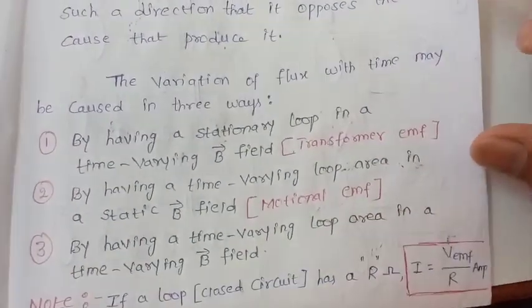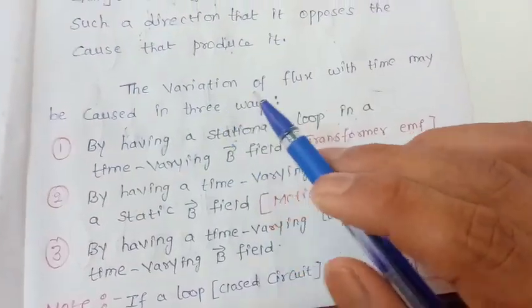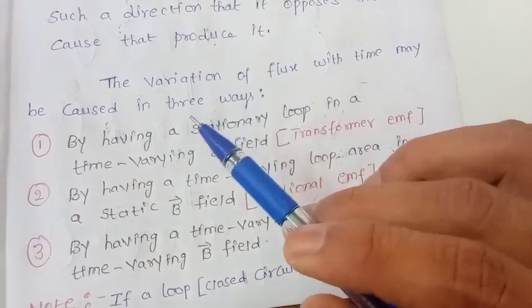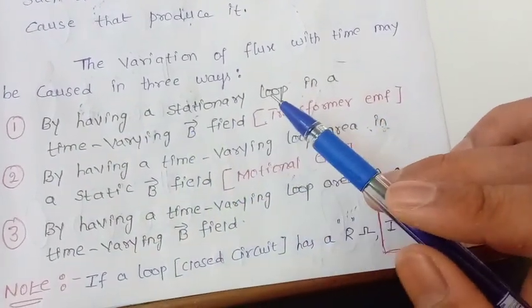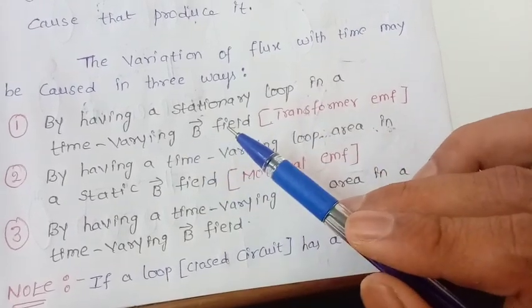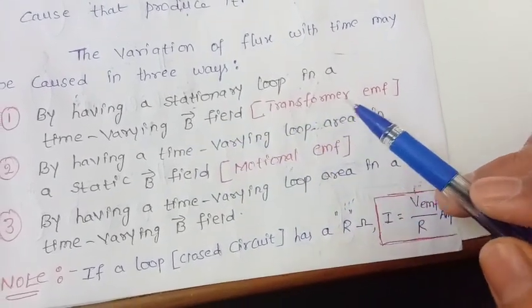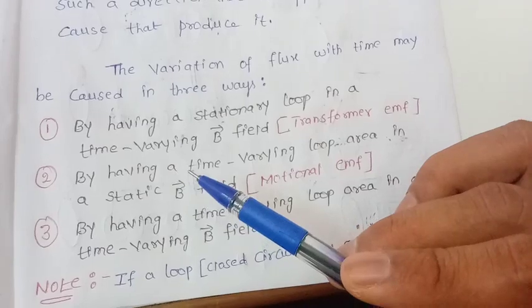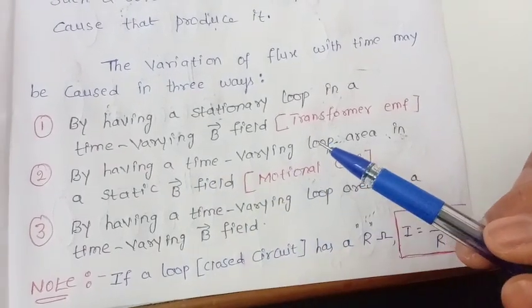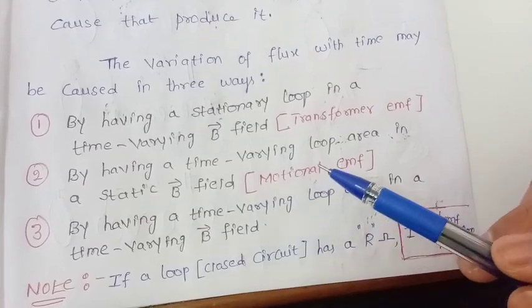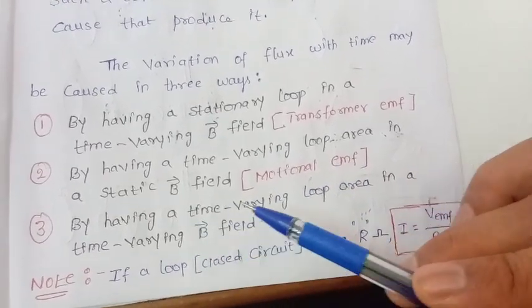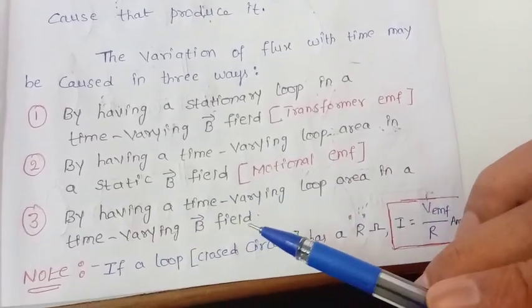Now the variation of flux with time may be caused in three ways: by having a stationary loop in a time varying magnetic field, this is known as transformer EMF; by having a time varying loop area in a static magnetic field, that is motional EMF; and by having a time varying loop area in a time varying magnetic field.